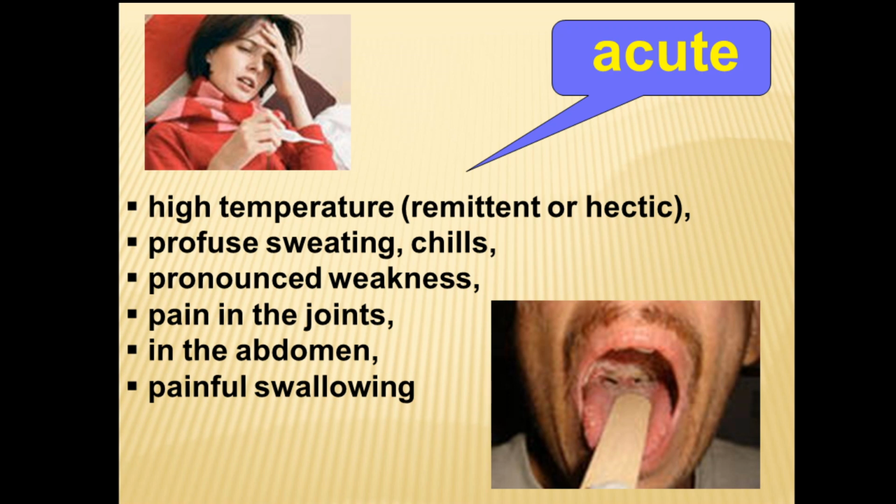The patient feels pain in the joints due to abnormal activization of hematopoiesis, pain in the abdomen due to enlarged lymph nodes, and painful swallowing, because often acute leukemia starts from abnormal leukemic tonsillitis, which primarily may be assessed as usual purulent tonsillitis, but it has specific diagnostic features.